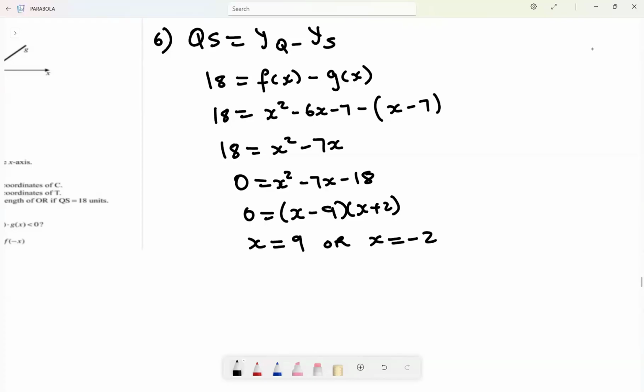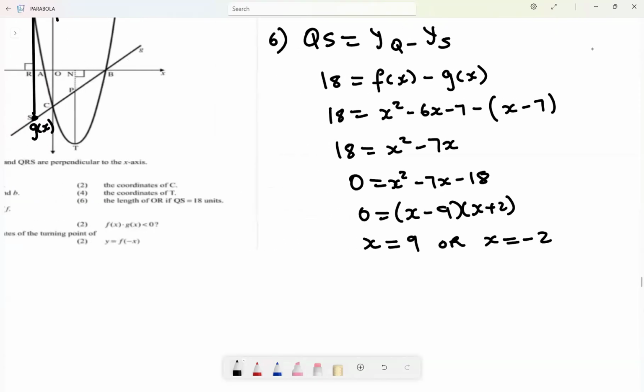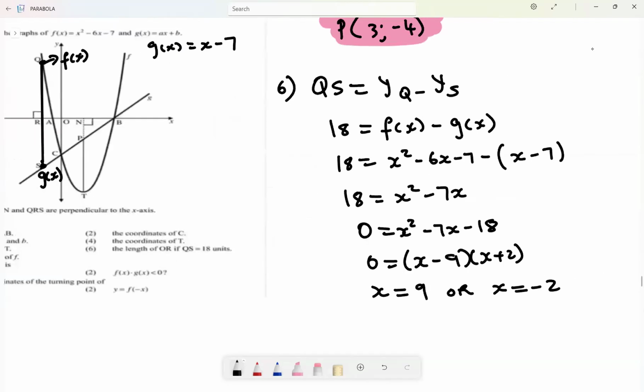Okay, so we want to see if we substitute on any of these equations. Let me see, what do they want here? Oh, okay. Remember what they wanted: the length of OR.